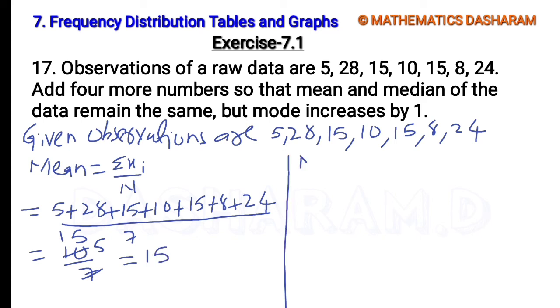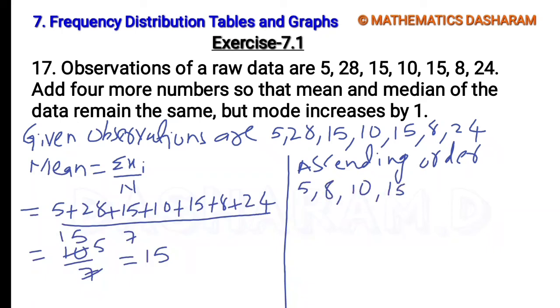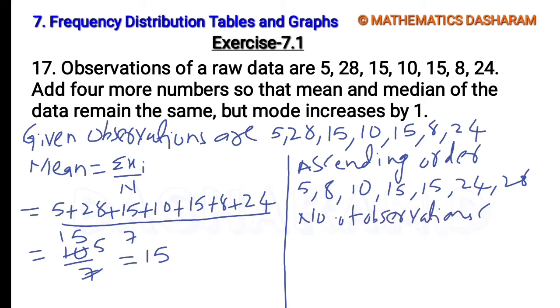Next let's find out the median. To find the median, arrange the given observations in ascending order. So the first observation is 5, next 8, next 10, 15, 15, next 24, 28. So the number of observations n equals 7.